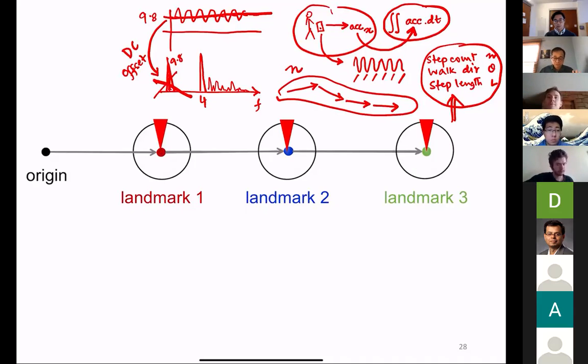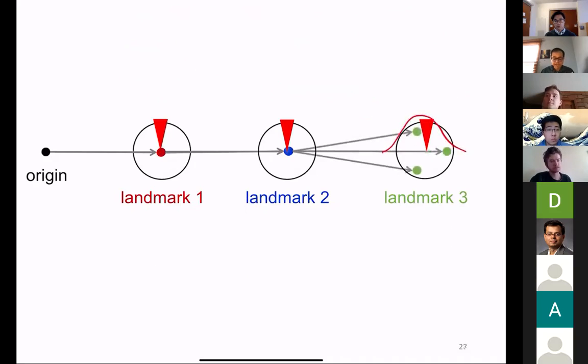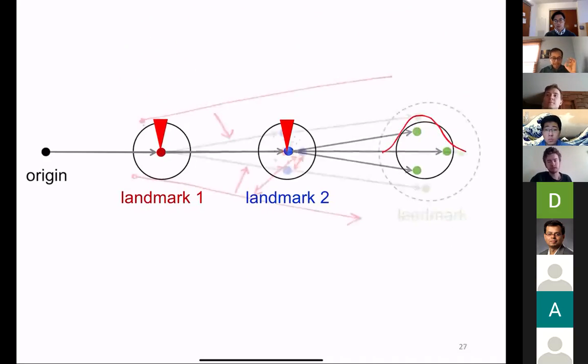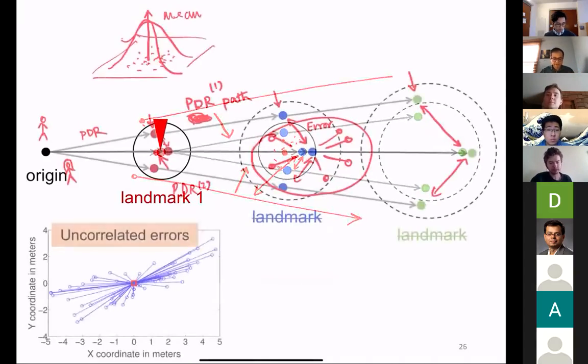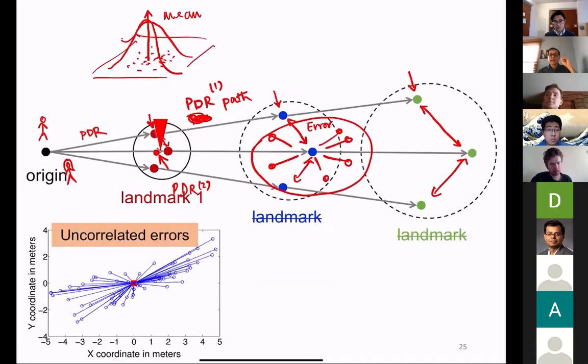Great. So we said that the key intuition here is that multiple people are going to walk. They're all going to encounter the same sensor signature, but their PDR location estimate of that sensor signature is going to be different.